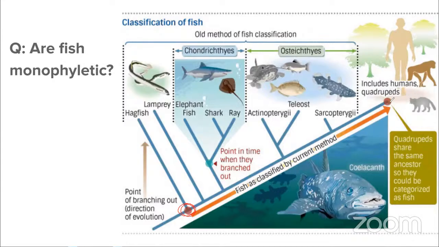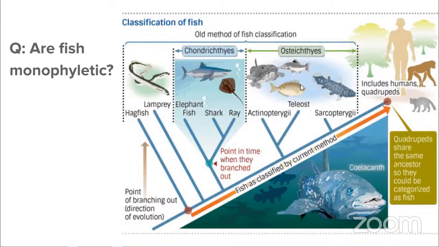So our humans, our quadrupeds, have evolved their own separate derived characteristics that are different enough that it doesn't make sense to group them in with all these things, even though they have a common ancestor. Although when we looked at those embryology slides, you can see that early on in development, right, embryos kind of do look like this, or early on.